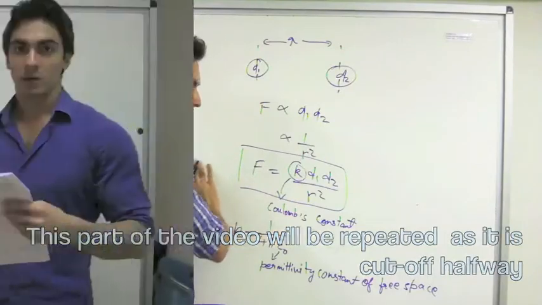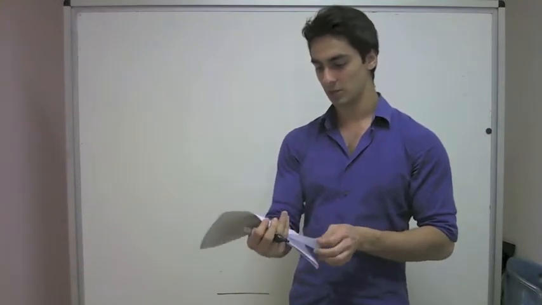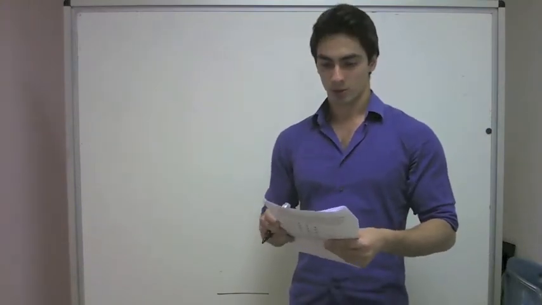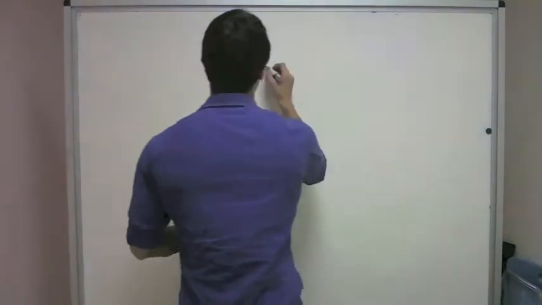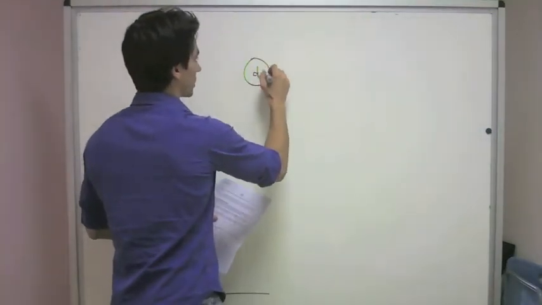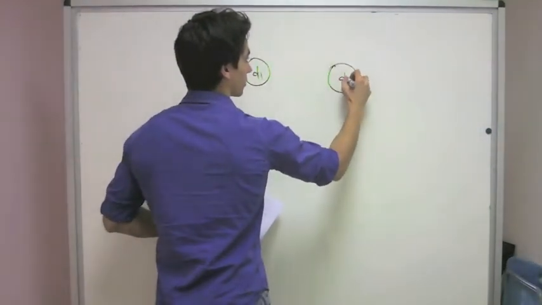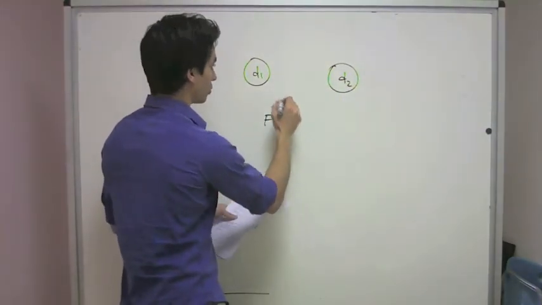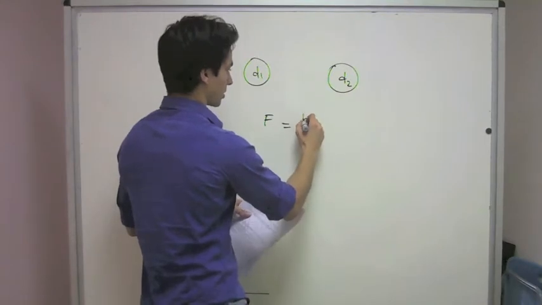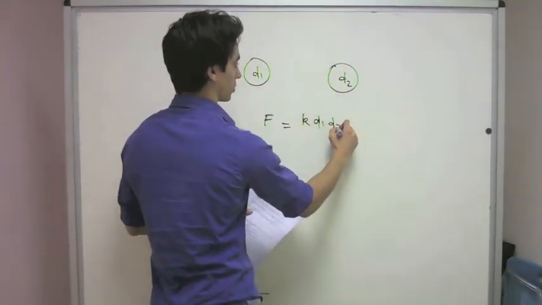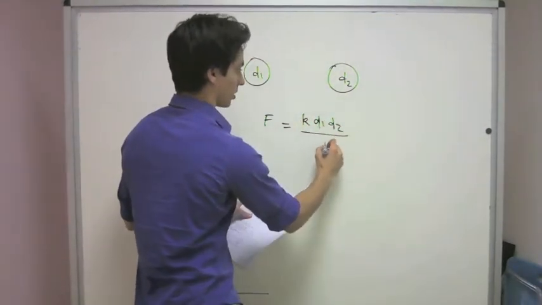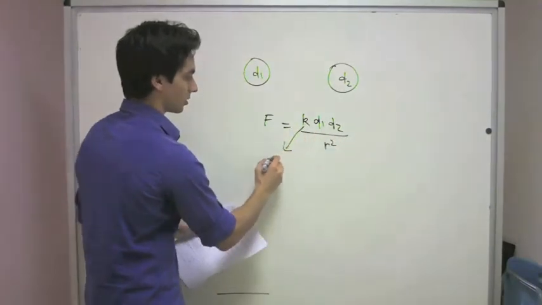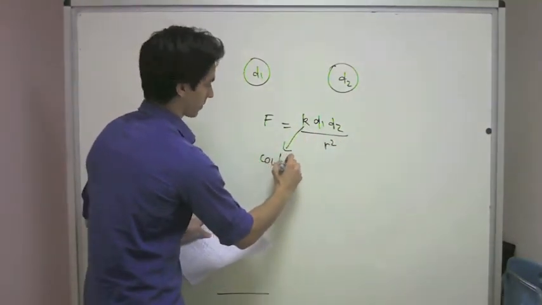Okay, in a previous part we had started off with Coulomb's law in 6.2.4. We had determined that the electric force between two charges is given by k q1 q2 over r squared, where k here is Coulomb's constant.